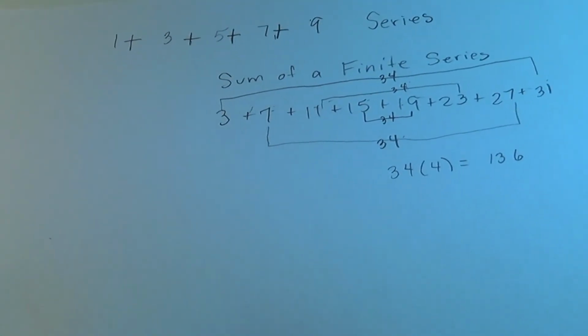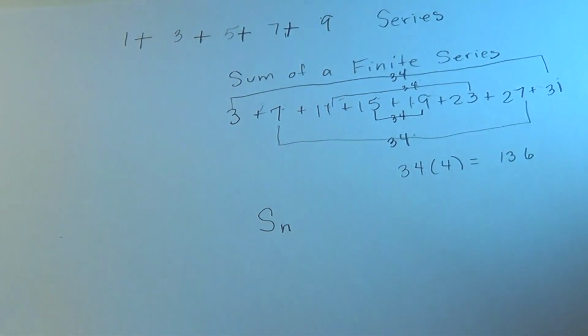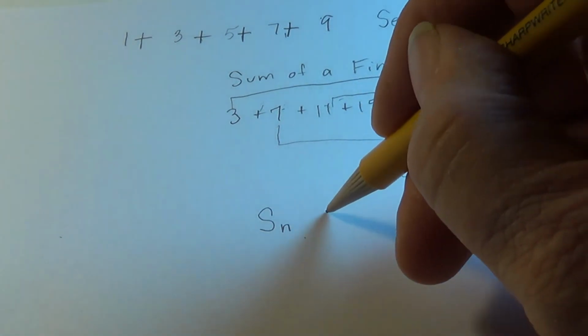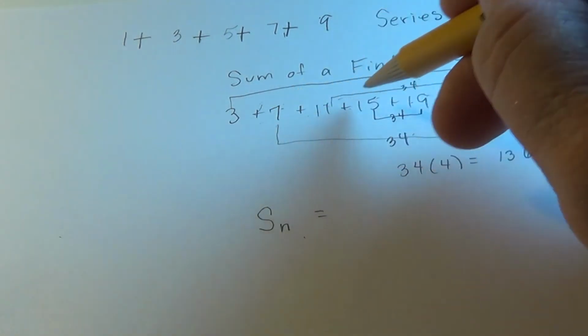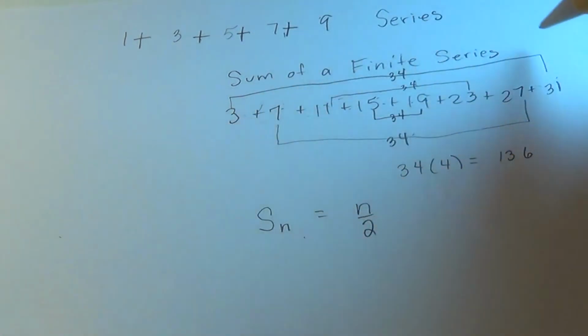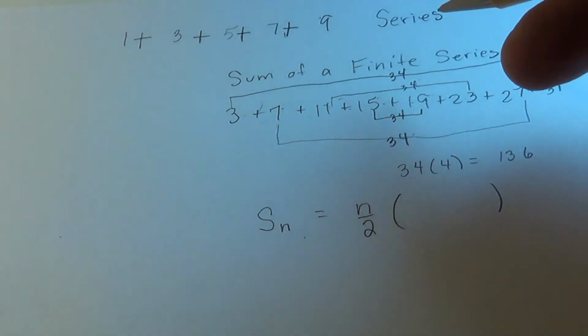So let's put that in a general statement. The sum of n numbers in an arithmetic sequence, that's how I'm going to symbolize that, is the total number, there were 8 here, divided in half because we had this pairing. And what will we multiply that by?